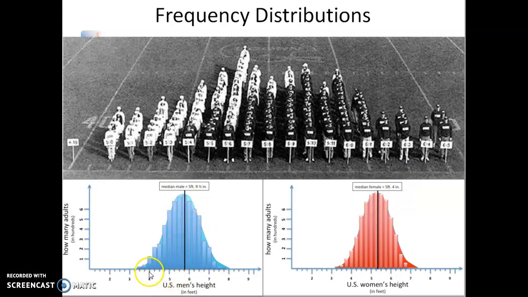You have some men that are very short, some men that are very tall, right? But not many. And then you have some women that are very short and some women that are very tall. You'll notice that the distribution is tighter for women. In other words, there's less variation among women in terms of height than there is for men. So that's a good way to start off an understanding of frequency distributions, because it helps us relate what this bell curve really is to the real world that we look at.